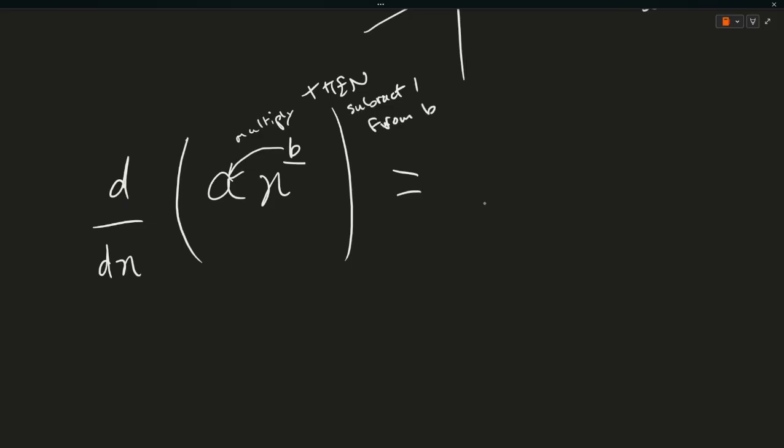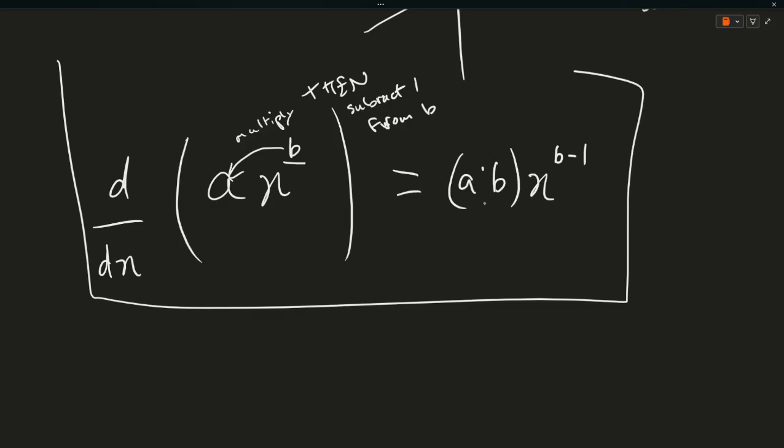So in practice, this becomes a times b, lots of x to the power of b minus 1. That's it. That's all that it comes down to. That is differentiation right there, summarized in that one line.